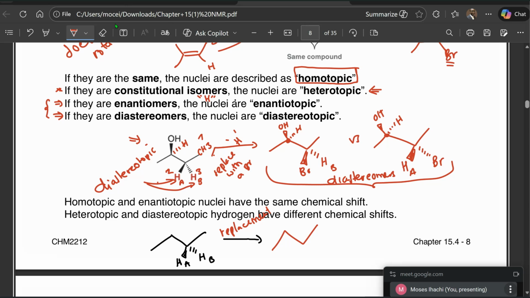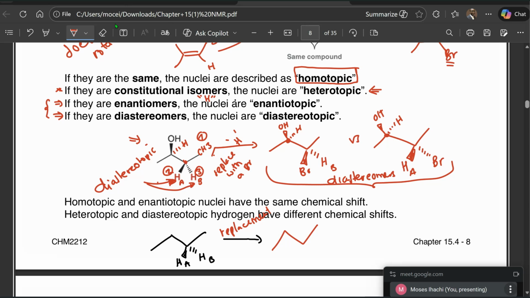Enantiotopic hydrogens are usually taken to be the same. They'll give you the same chemical shift. I repeat, diastereotopic hydrogens are not usually chemically equivalent, but enantiotopic hydrogens are usually equivalent. So I expect you to count them by themselves, like 1, 2, even though they are sharing the same carbon. They are seeing different things.